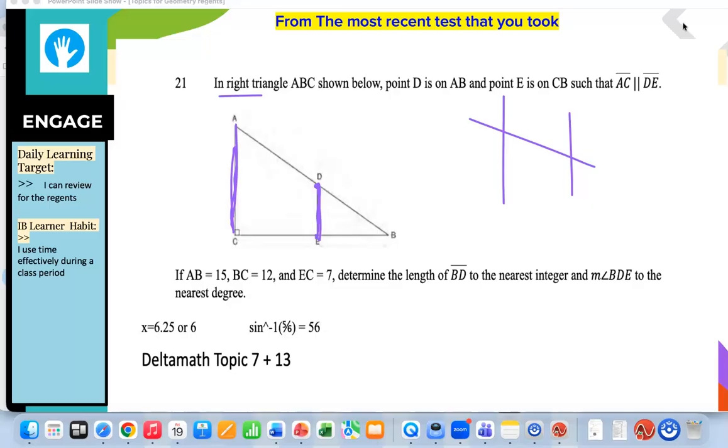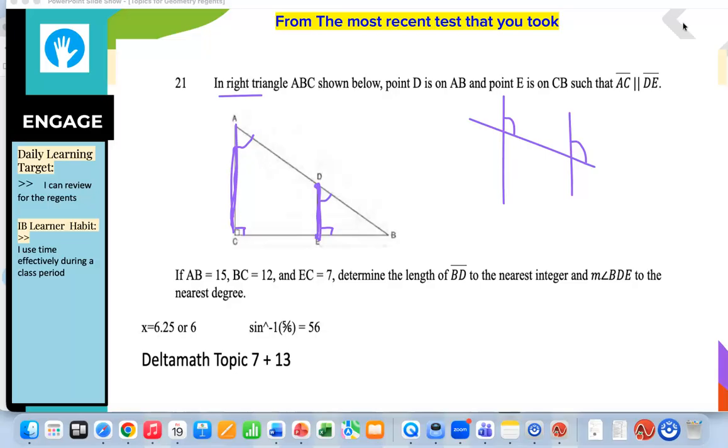If you have two lines that are parallel, you should remember that this angle would be congruent to this angle, right? These are corresponding angles. So similarly, this angle would be congruent to this angle. And we already know this is a right angle. So as a result, this has to be a right angle too, because they're corresponding.